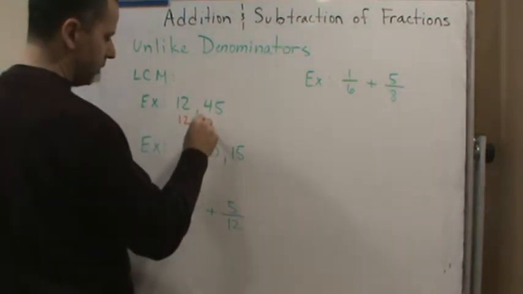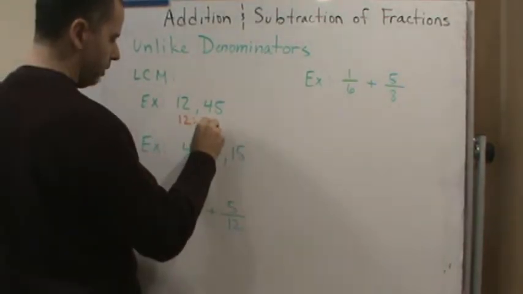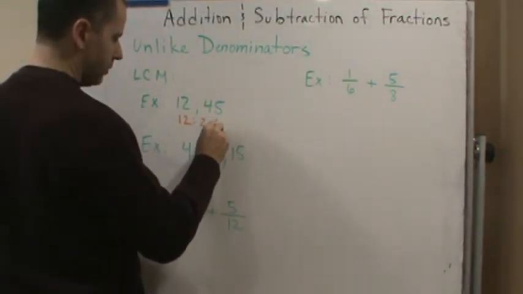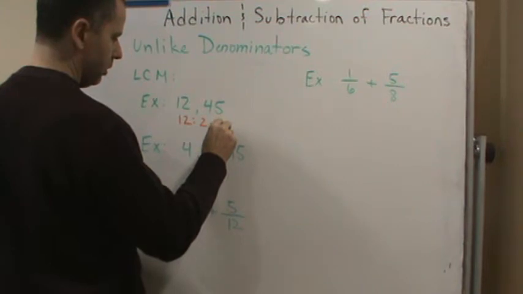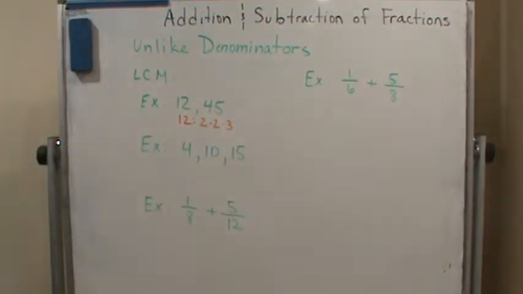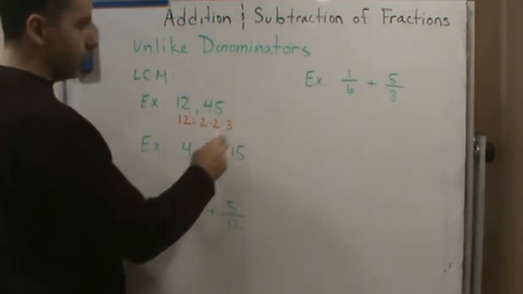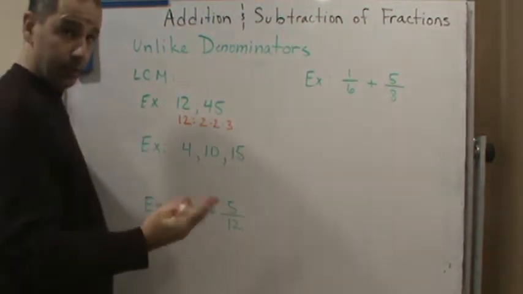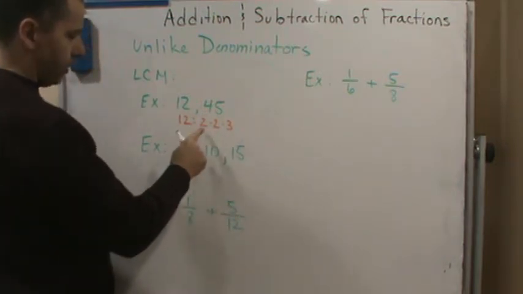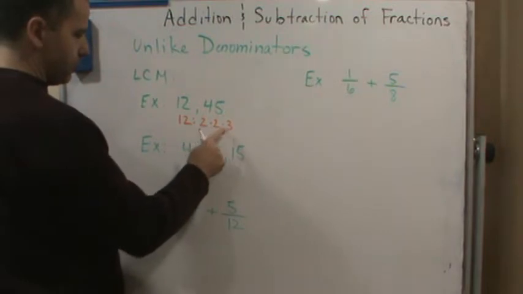That's going to be 2 times 2 times 3. You could use the factor tree like I've shown before to get that.